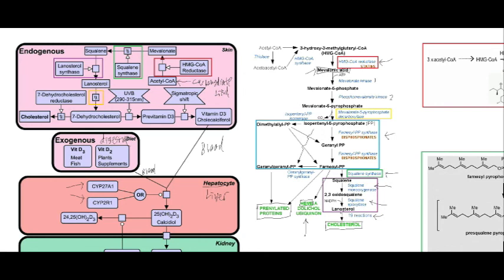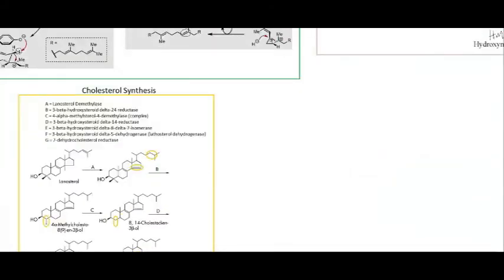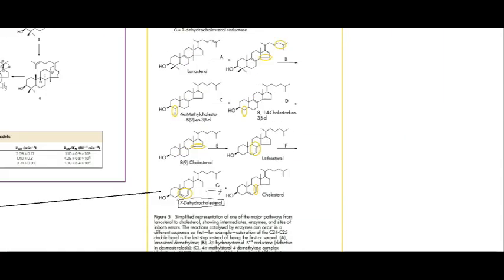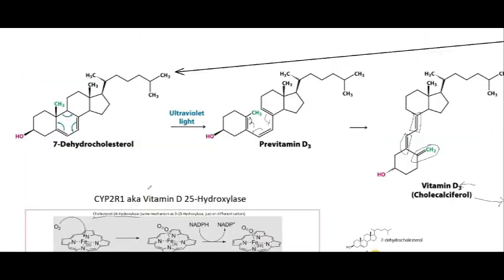which generated our lanosterol. Then we went through that long series of steps down here to go from lanosterol to our 7-dehydrocholesterol, and from 7-dehydrocholesterol we went here. From 7-dehydrocholesterol is what is catalyzed by sunlight. So when you hear people say, oh, go get some sun, it's good for vitamin D, this is the step they're referring to, and so that broke this ring here.